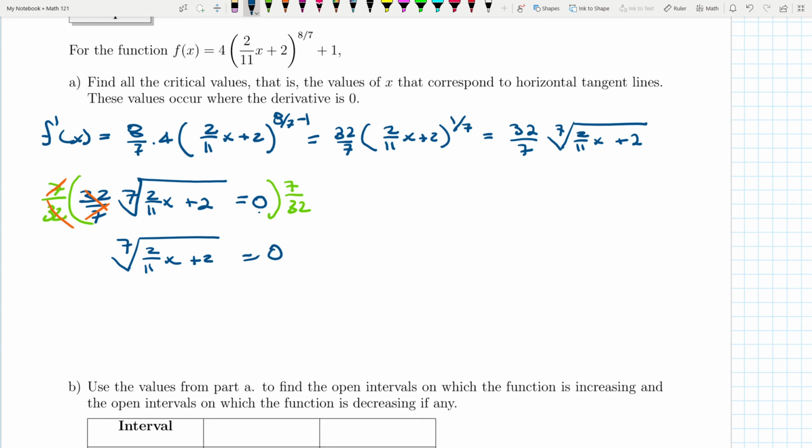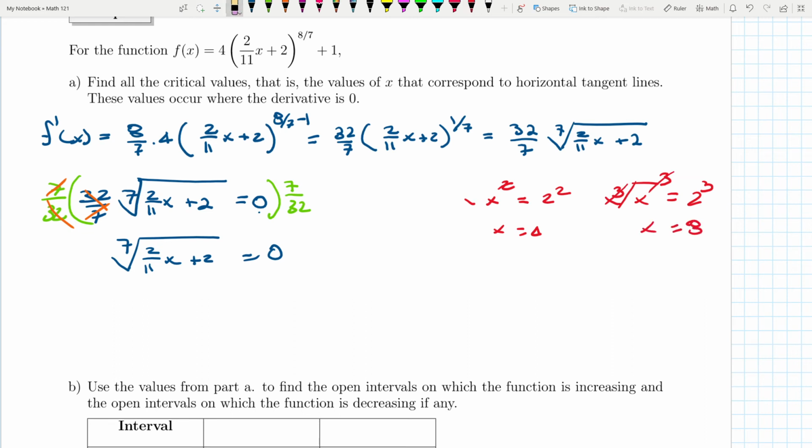For example, when we have a square root, we get rid of it by squaring both sides. When we have the square root of x equals 2, we square both sides to cancel the radical: x equals 4. When we have a cube root of x, we cube both sides to cancel the radical: x equals 8.